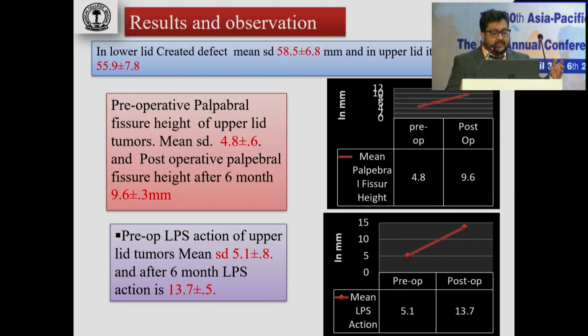Now, here I would like to emphasize that the functional outcome of the study is very good. The mean palpebral fissure height is 4.8 plus or minus 6 standard deviation, and after 6 months it becomes 9.6, and LPS action is also improving.